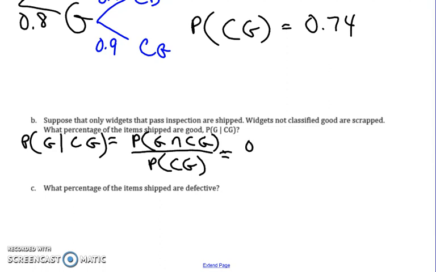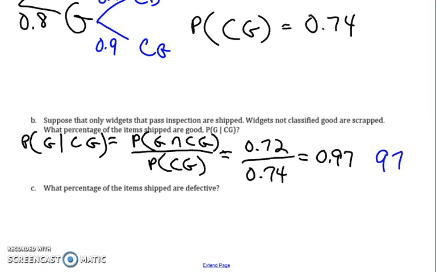So that will be 0.72 divided by 0.74, which will be 0.97. Because it specifically asked for the percent, remember you're only going to give the percent when it asks for it. So that would be 97% of the time.